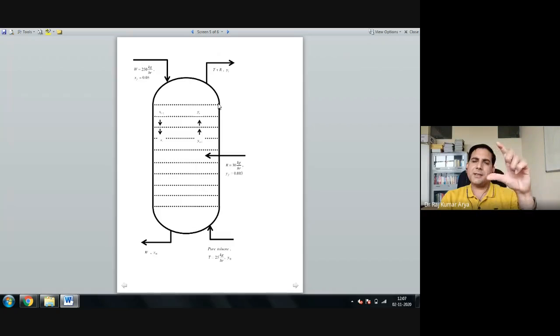So if you can write in terms of I and J, you can alter the location of feed so that you can get maximum extraction. That is the different part. So first you write for the first plate, then plate 2, then plate 3. Write it, let's see what you get.